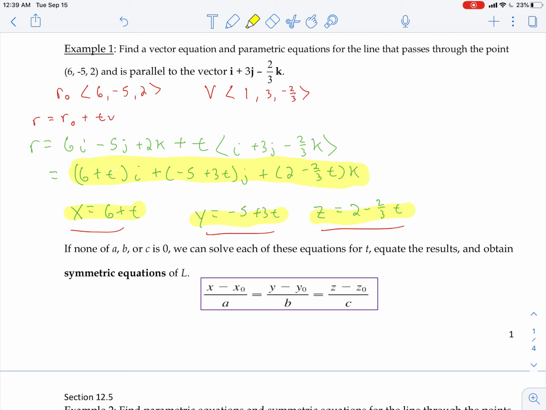And if we solve all those for t, what we're going to get would be symmetric equations, because those are all going to equal our t value.